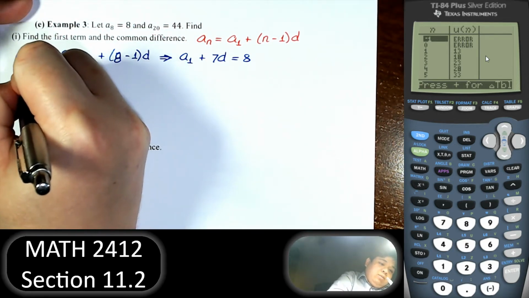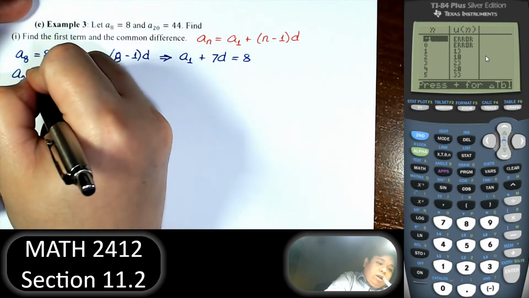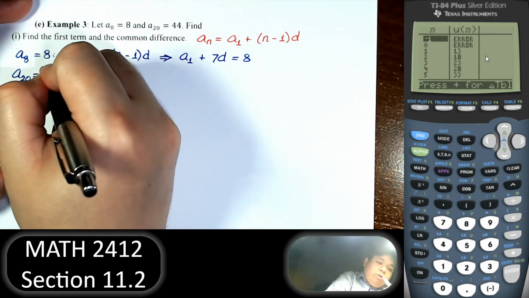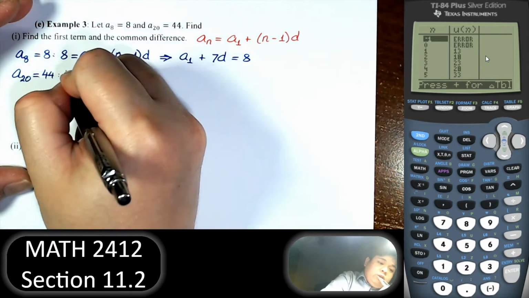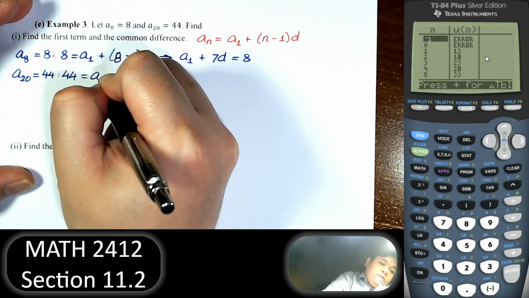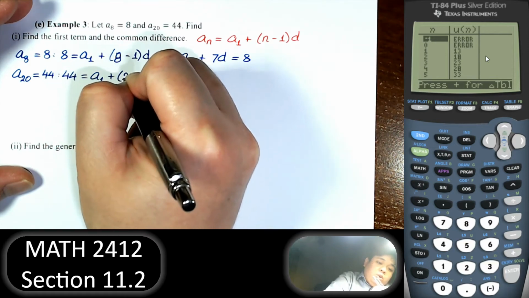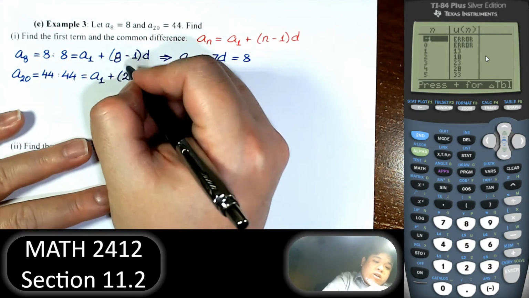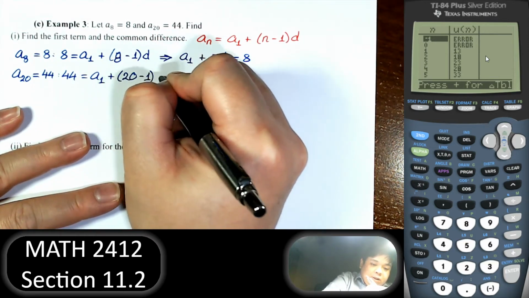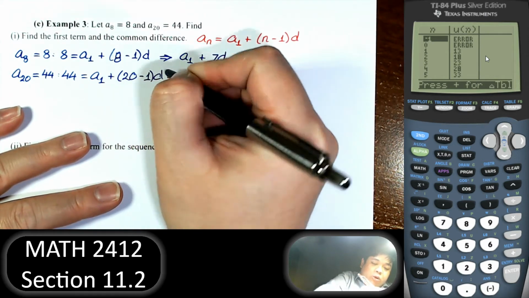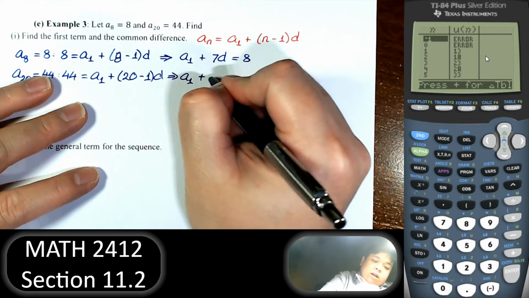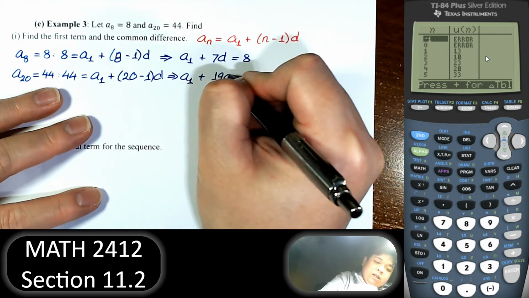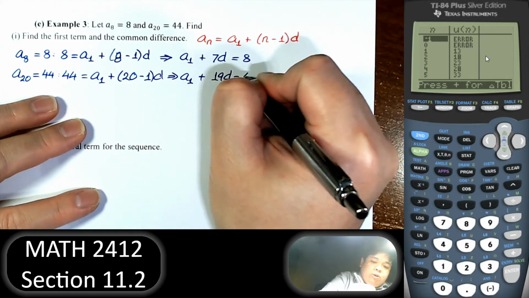Now next we have a sub 20 equal to 44. So 44 is equal to the first term, we don't know, but we know there are 20 terms. It is the 20th term. To rewrite this, we have a sub 1 plus 19d equal to 44.